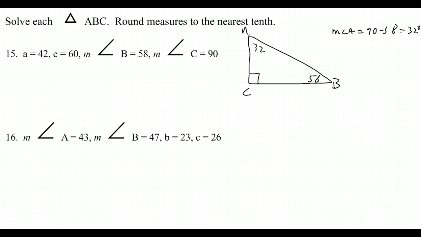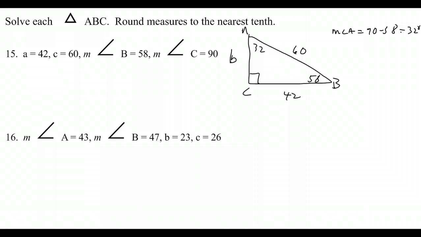And so I have that A is equal to 42, C is equal to 60, and therefore all I'm really finding is B, and I will have it all. So here I can use either one, 32 or 58.